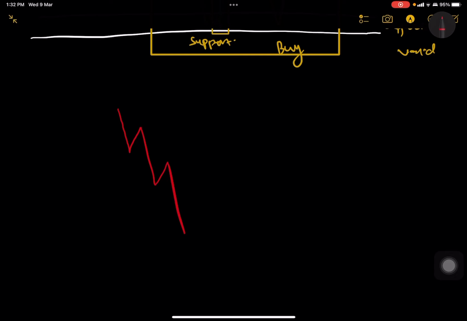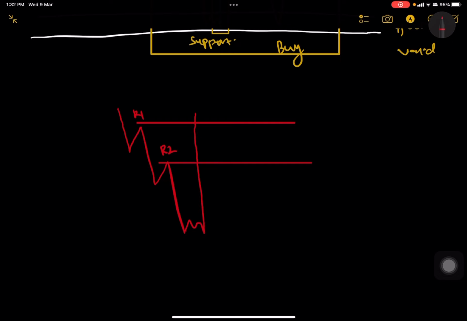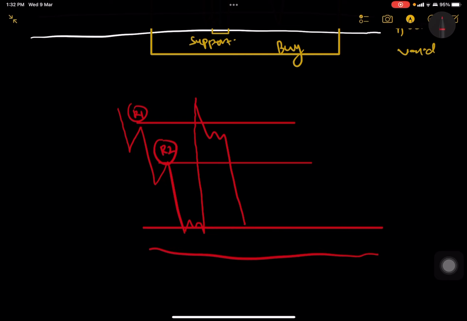So you have your R1 here, and you have your R2 here. You need to wait for one price to break both R1 and R2. So you wait for pullback, you buy at supports.